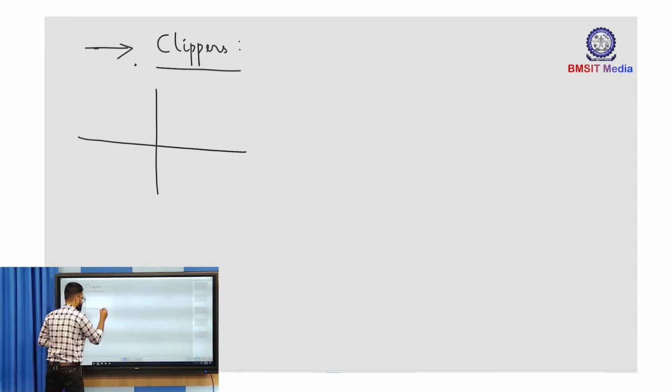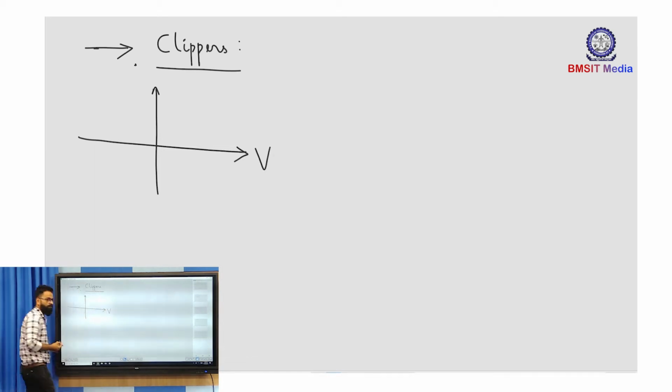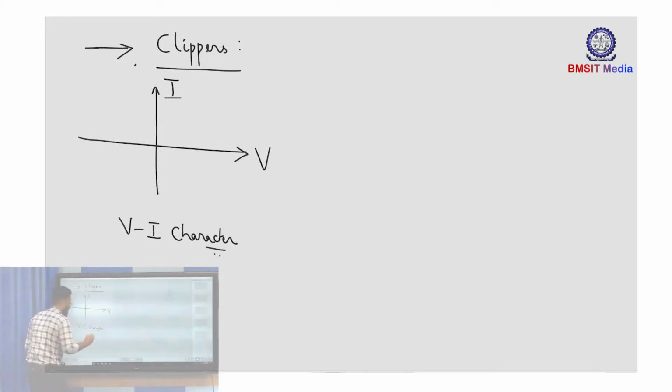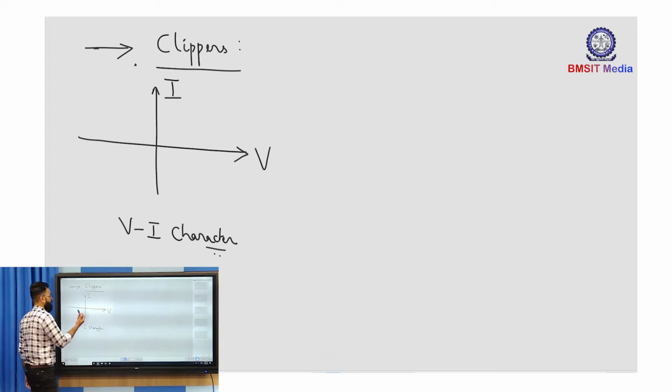We all have seen the diode characteristics, right? This being the voltage applied across the diode, and this being the current flowing through the diode, the typical VI characteristics of a PN junction diode appear something like this.